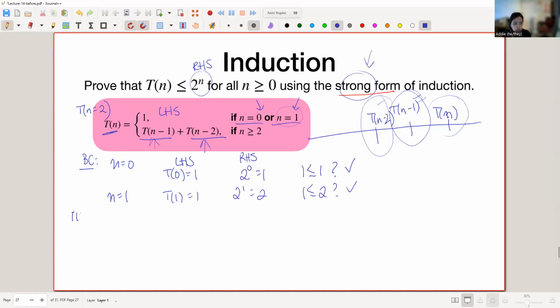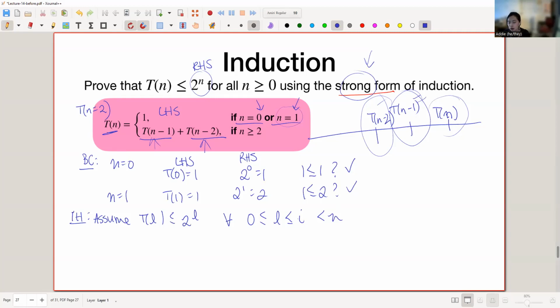Now we'll move on to the induction hypothesis. And again, we need to use the strong form of the induction hypothesis here. So we will assume that T of L is less than or equal to 2 to the L for all values of L from 0 up to some number I, which is less than n.